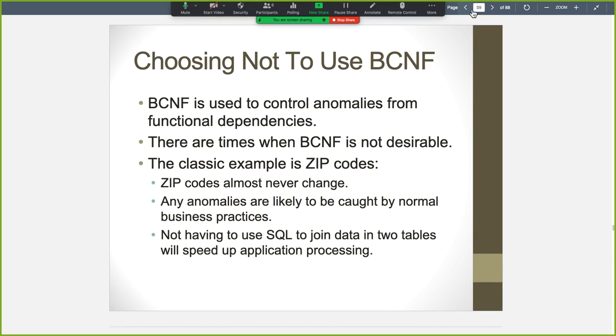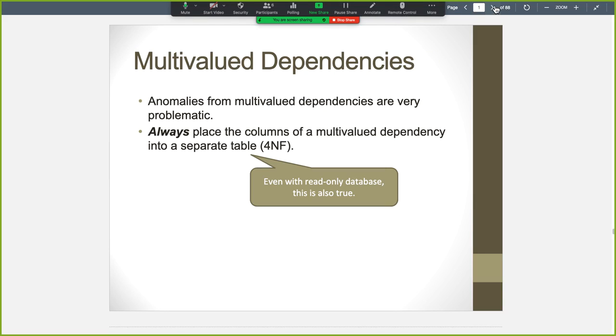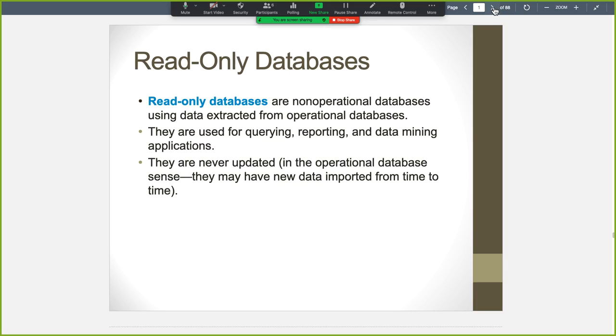All right. And now the example, jumping to the slide. I would encourage you to read this one a little bit. Basically it uses zip code as an example of how you would change or avoid BCNF, because we want to avoid that in our discussion anyway. So let's jump through the purpose of a read-only database.